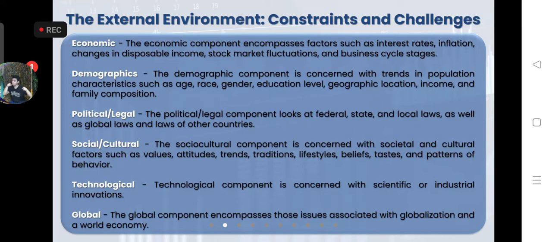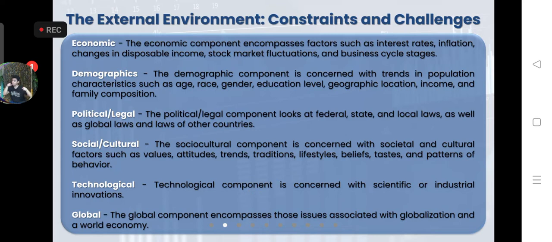Even if the organization has minimal or no control over what's happening in the economy, then the demographic component is concerned with the trends in population characteristics such as age, race, gender, education level, geographic location, income, and family composition, while the political and legal components look at federal, state, and local laws as well as global laws and laws of other countries.